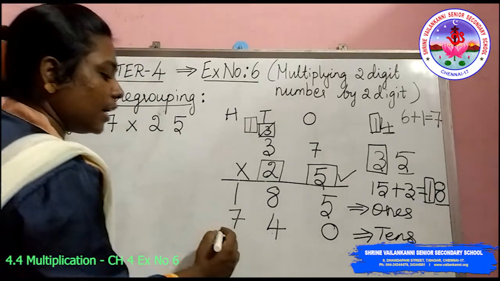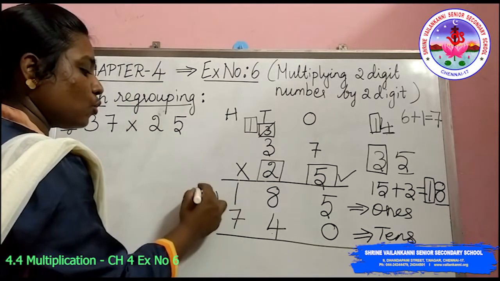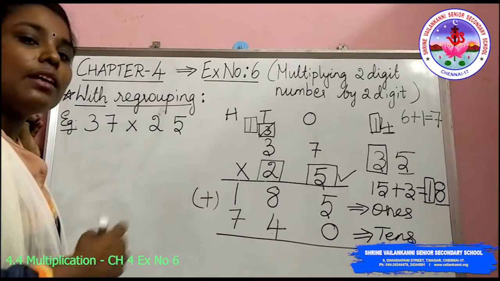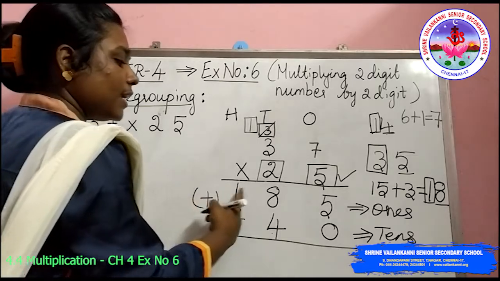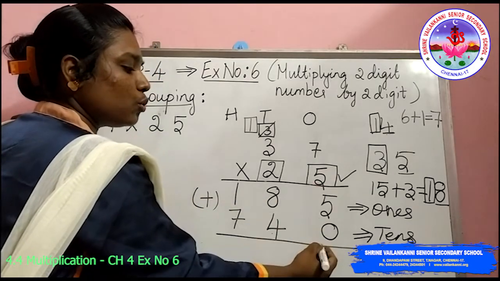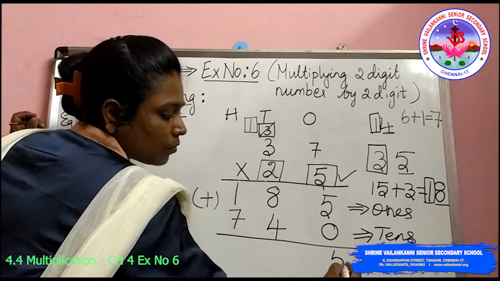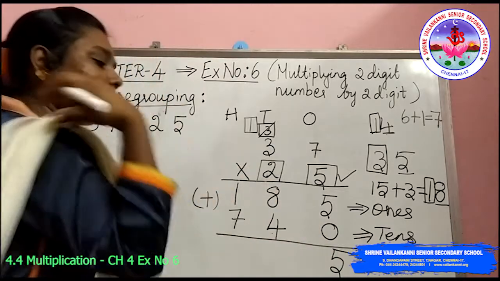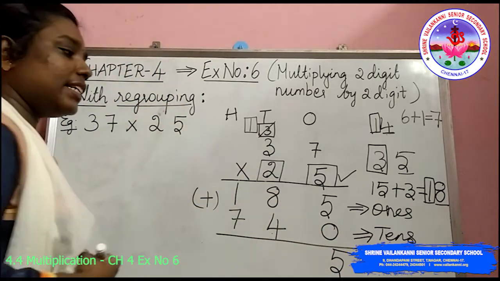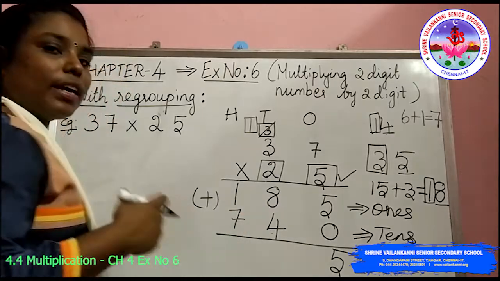Here I am giving a dash, and these 2 rows have to be added. So 185 plus 740. Again I have to do addition from the ones place. 5 plus 0 gives 5. Any number added with 0 gives the same value. Now 8 plus 4. What is 8 plus 4?